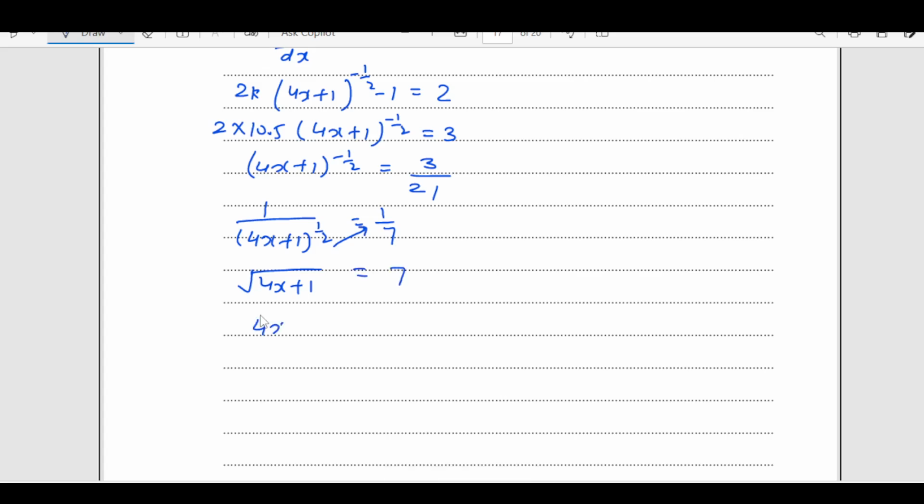Squaring both sides, we have 4x plus 1 equals 49, 7 squared, and 4x is equal to 48, and x is going to be 12. So we got x as 12.